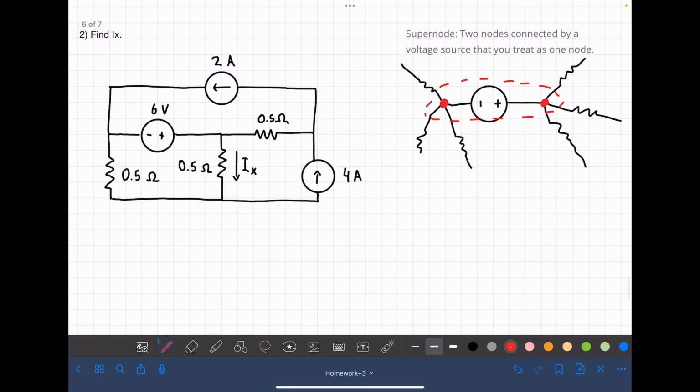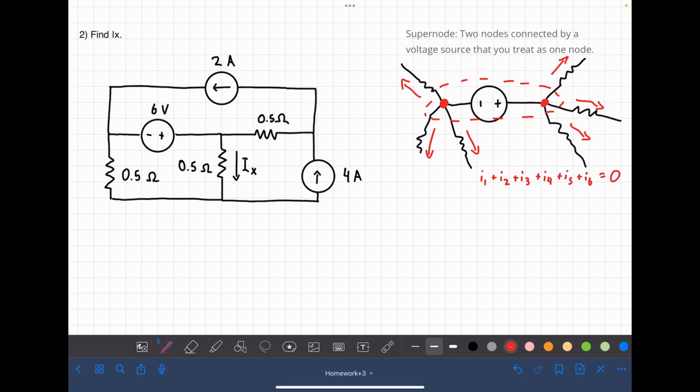What that means practically is that all the currents exiting this big supernode, you can still put them all in one equation. It's like I1 plus I2 plus I3 plus I4, I5, I6. They'd still all equal 0.